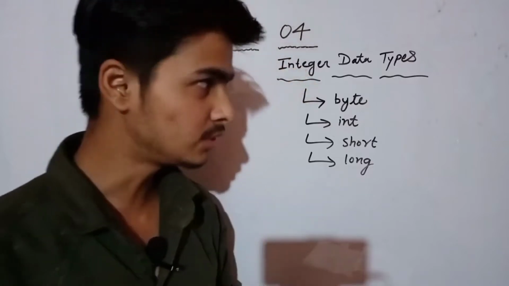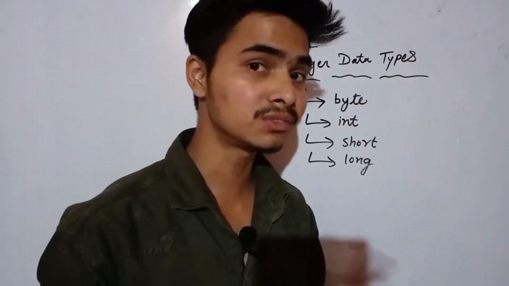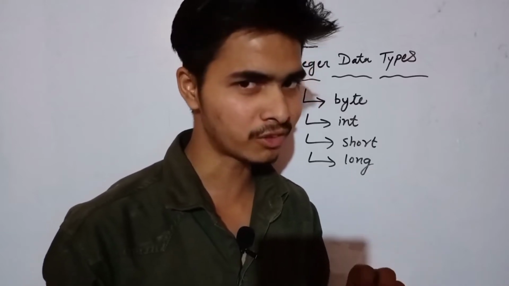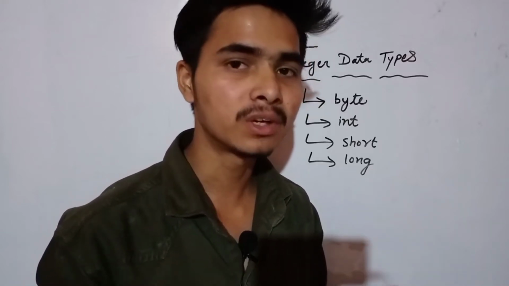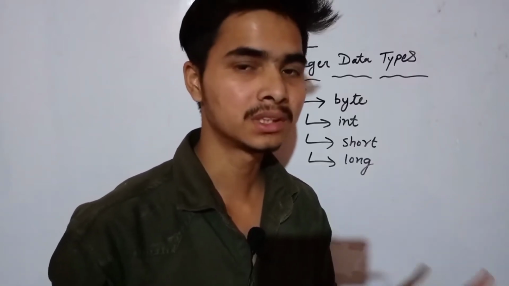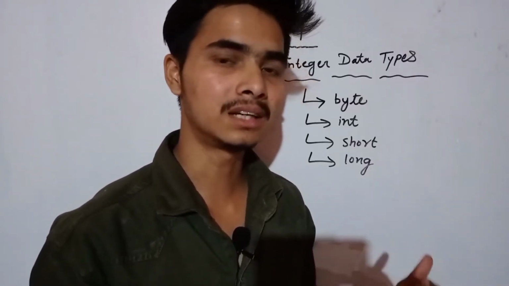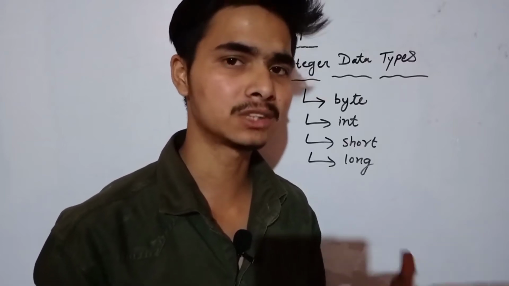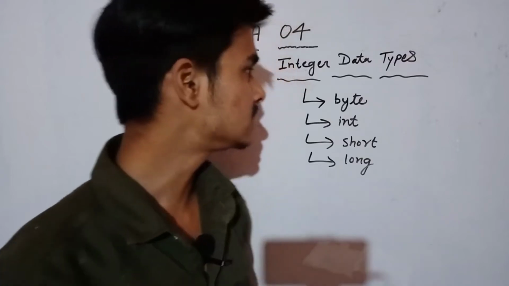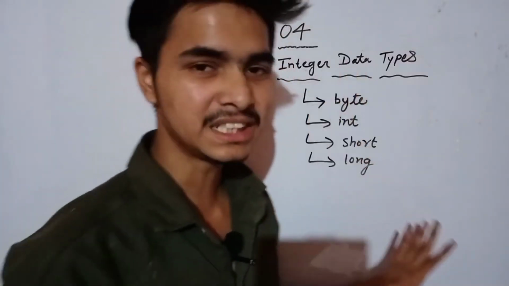Integers are numbers which do not have any point value. For storing any point value like 1.5, 2.5, -3.5, we need to go for other data types. But if we want to store integers like -1, -2, 500, 60, then we need to go for integer data types.